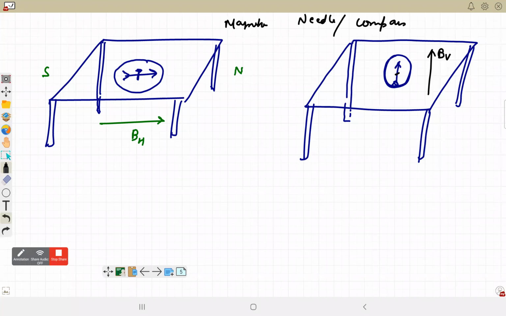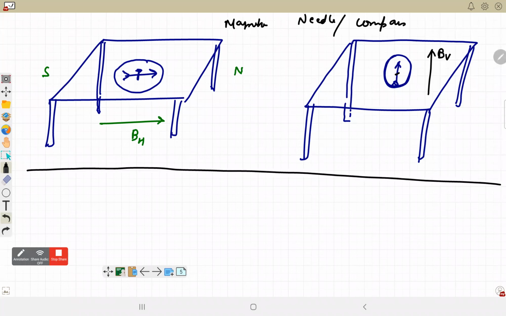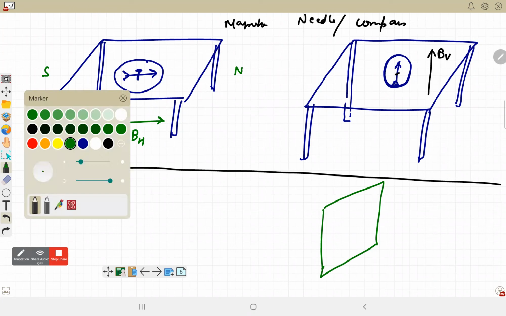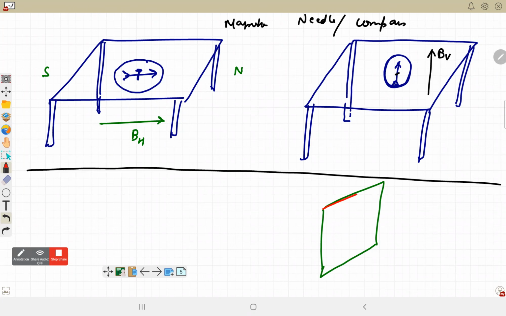अर्थ की मैग्नेटिक फील्ड में जैसे हमें मैग्नेटिक मेरिडियन चाहिए. मैग्नेटिक मेरिडियन क्या होता है? लाइक सपोज हमें गुड़गांव का मैग्नेटिक मेरिडियन पता करना है, तो गुड़गांव के सेंटर में जाके वी ड्रॉ अ प्लेन, उस प्लेन में जिसमें दोनों BH और BV लाई करते हों, the plane in which both magnetic horizontal component and vertical component lie, and that plane should be passing through the point where you are.